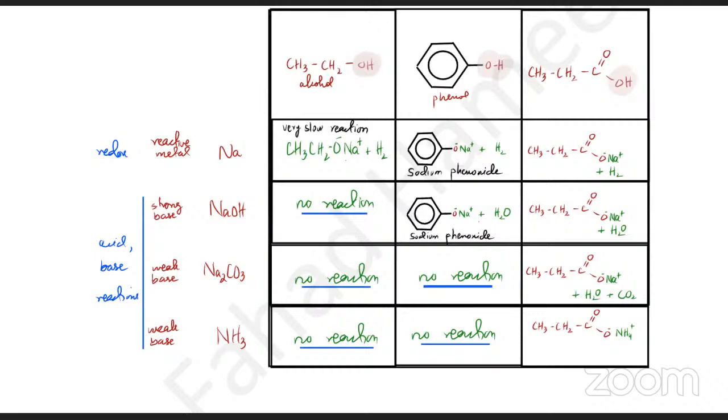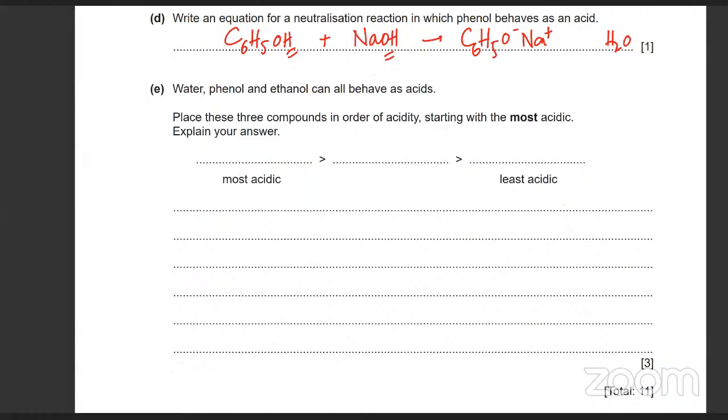Coming back to the question, we have to give the explanation as well. The strongest acid is going to be phenol. Water is going to be in the middle, and alcohols are going to be really bad acids. Now, what's the explanation? When a phenol loses its H+, the negative charge overlaps with benzene, which makes the negative charge small.